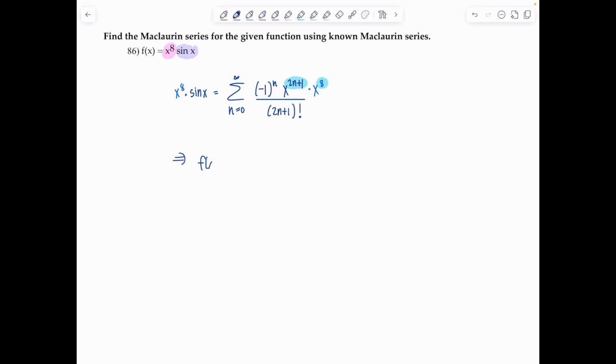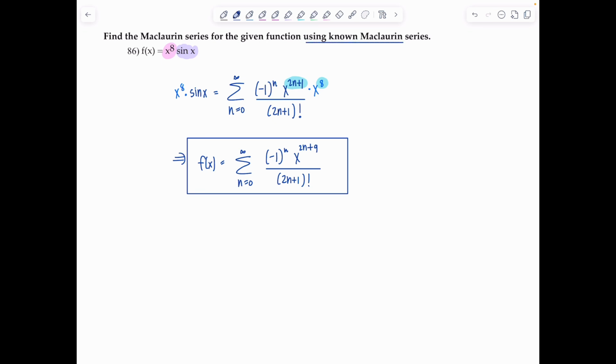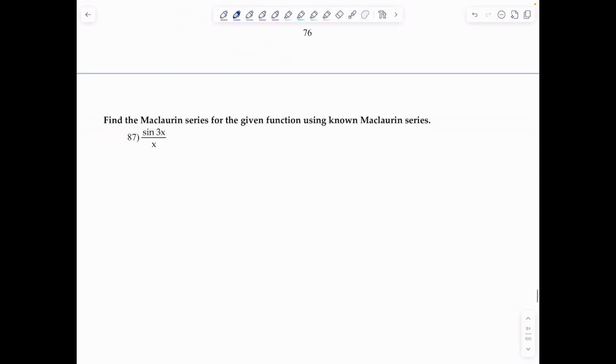And then now I have f of x is the sum, n equals 0 to infinity, negative 1 to the n, x to the 2n plus 9 over 2n plus 1 factorial, and we are done. Yep, that easy. When they tell us we can use a known Maclaurin series, we don't have to work with the definition. Let's try another. That was just way too easy.